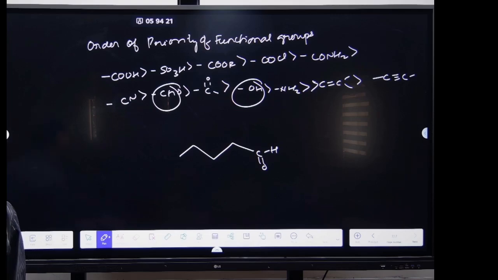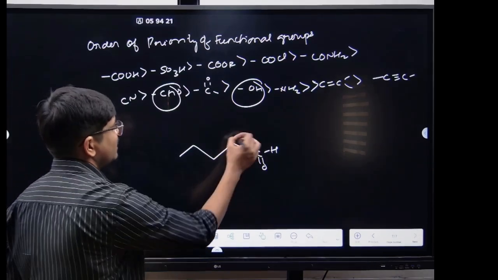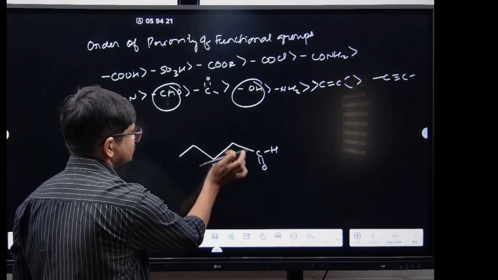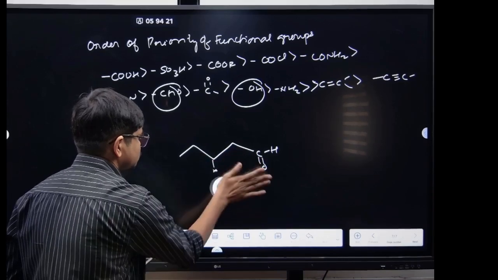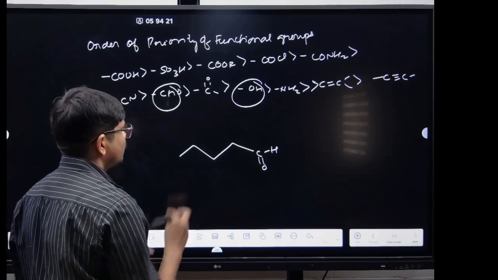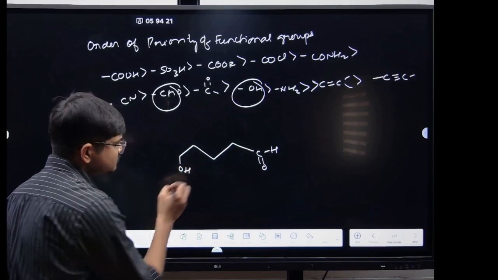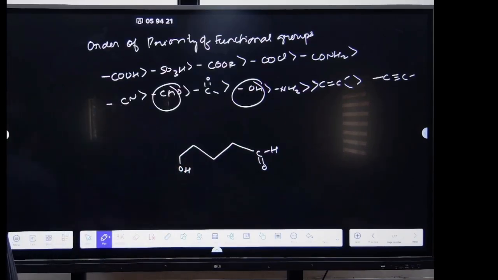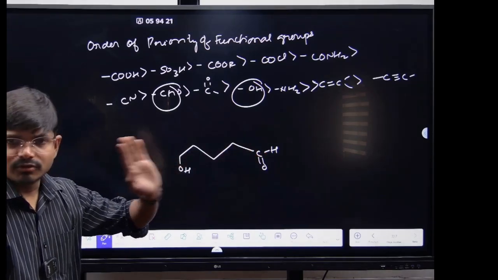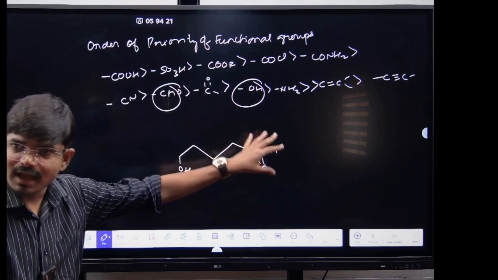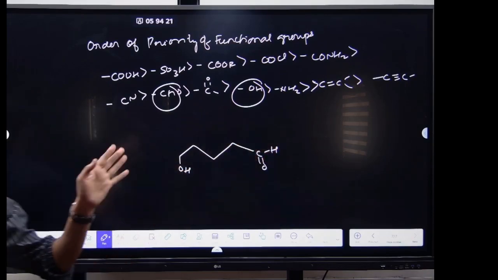This one is aldehyde, and suppose I have attached the OH here. Now the question arises, to whom to give the high priority? Whether it is the aldehyde or the alcohol.